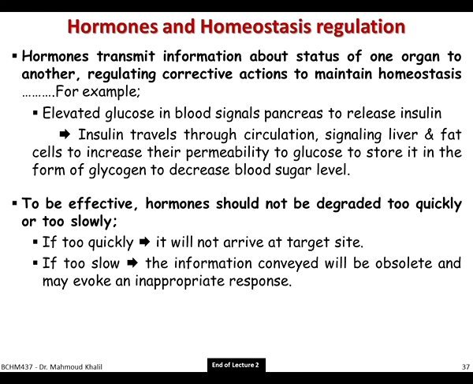To be effective, the hormone should not be degraded too quickly or too slowly. Why? Because if the hormone is degraded in the blood too quickly, it will not perform the correct action. And if it's degraded too slowly, it will perform overaction.